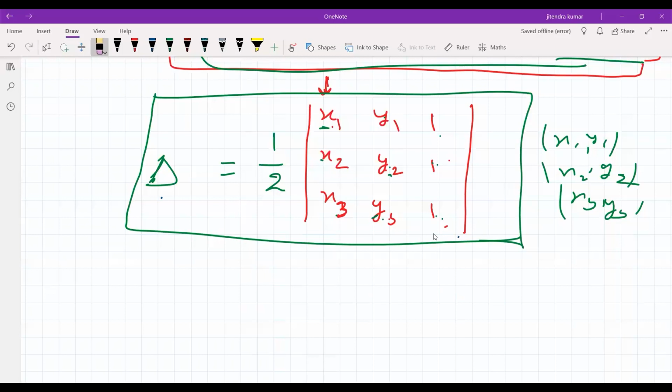Second, we know collinearity. When 3 points are collinear, the area of the triangle in that case is 0.